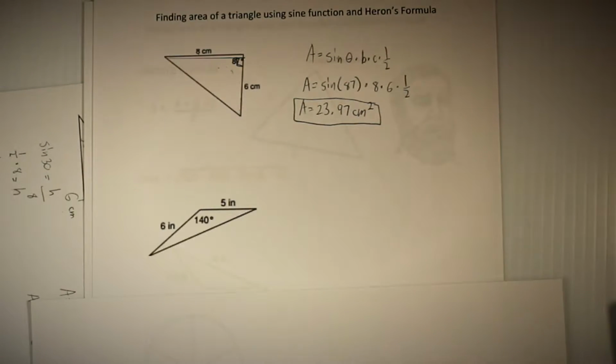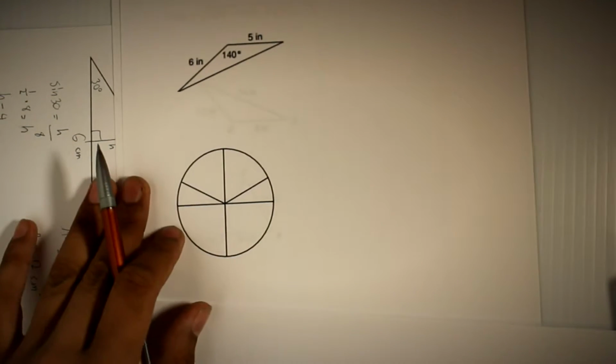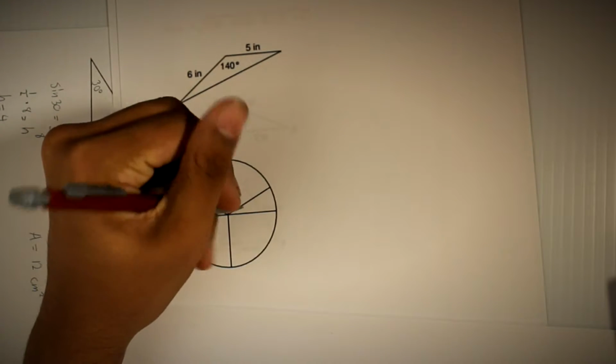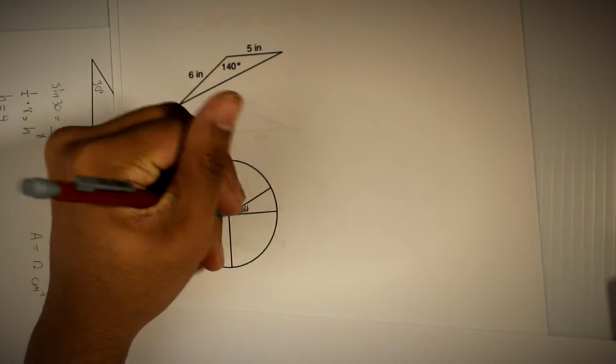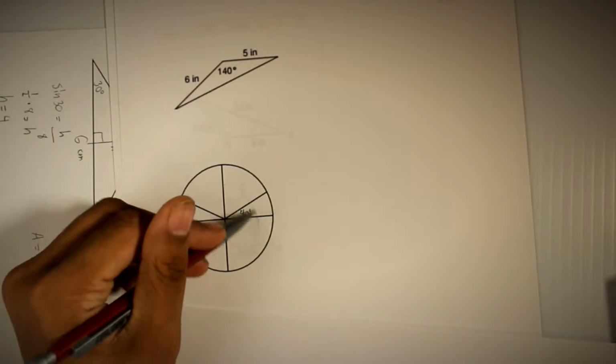So when we go to the next one, what do you do if there's an obtuse triangle? Whether you use the sine of 140 or the sine of an acute angle, it really doesn't matter. If we go back to our unit circle trig from before, if this was 40 degrees and we go all the way around, this would be 90 degrees.